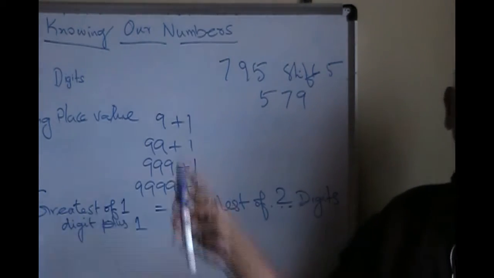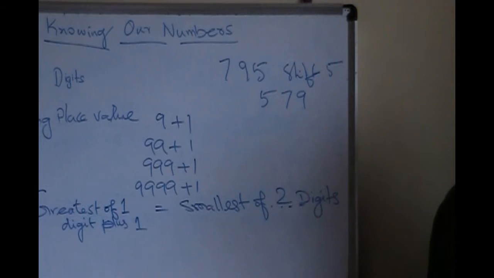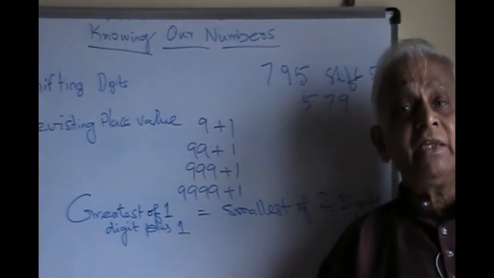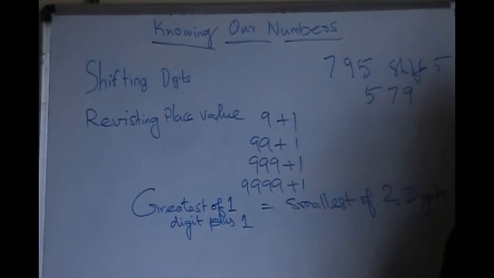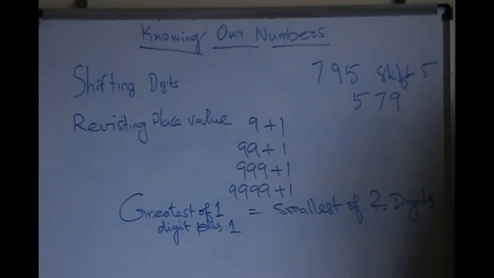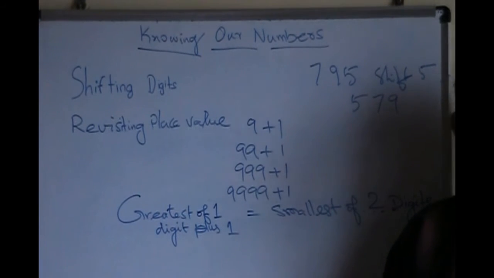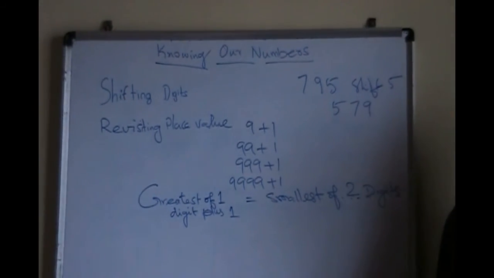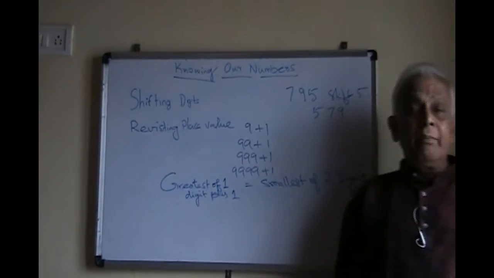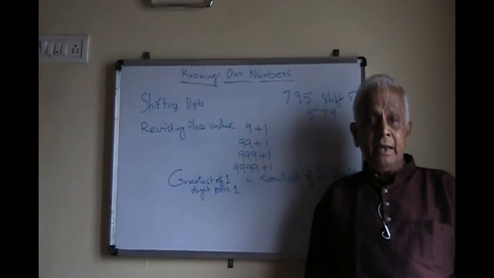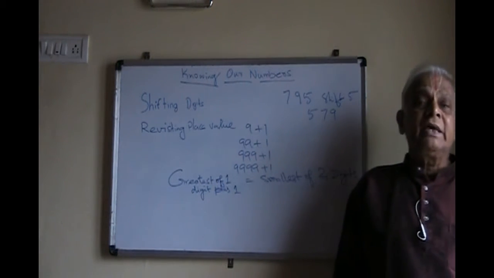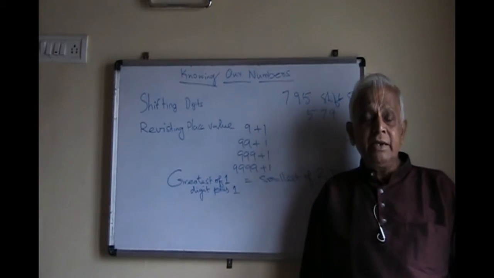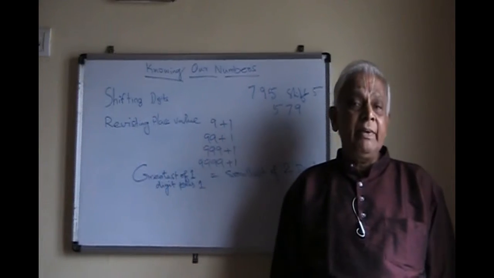Next, we are revisiting the place value, which you have already seen. Revisiting the place value will help you understand the addition of one number to another. For example, when you add 1, the largest single digit is 9.